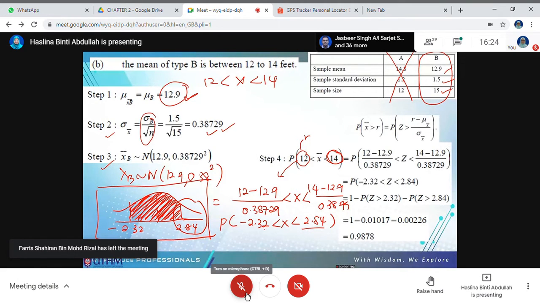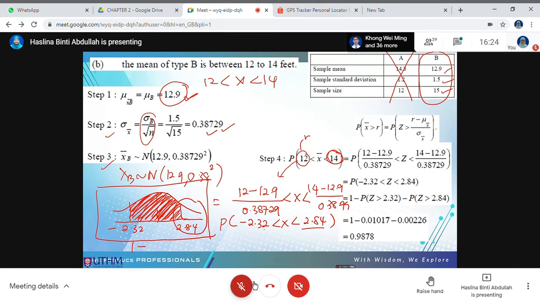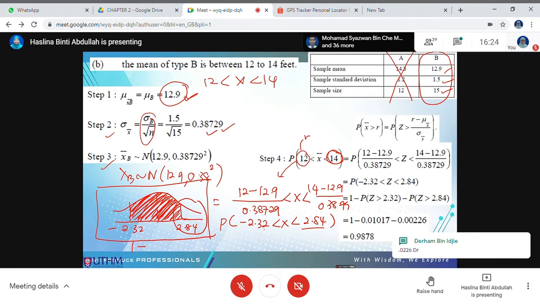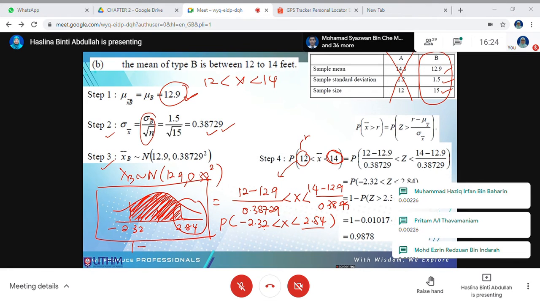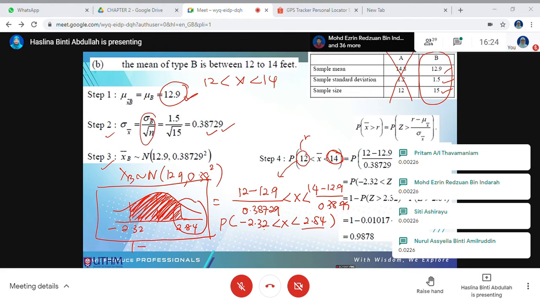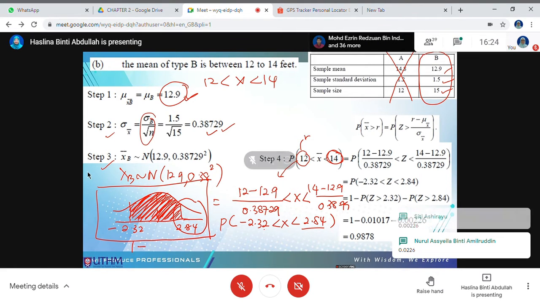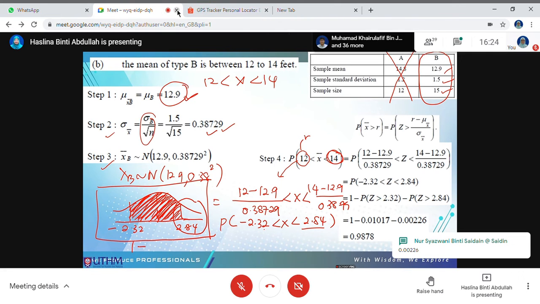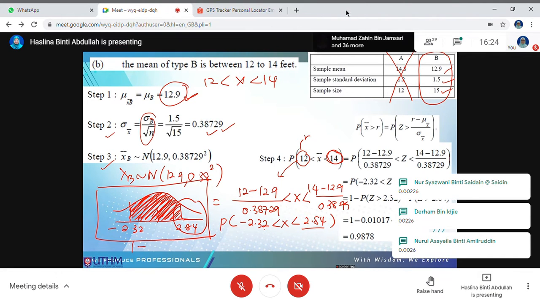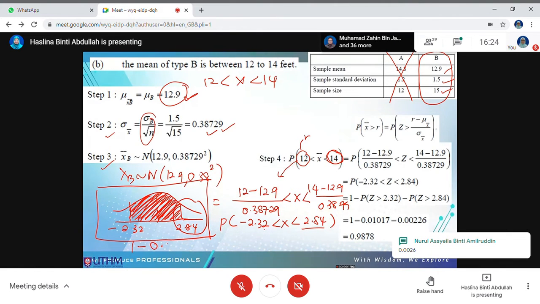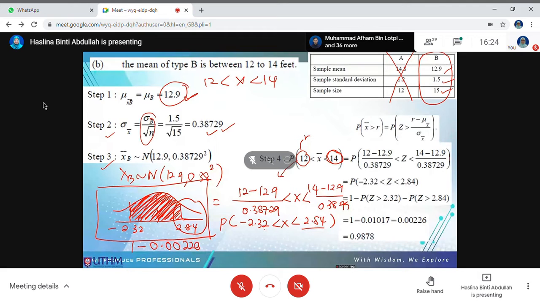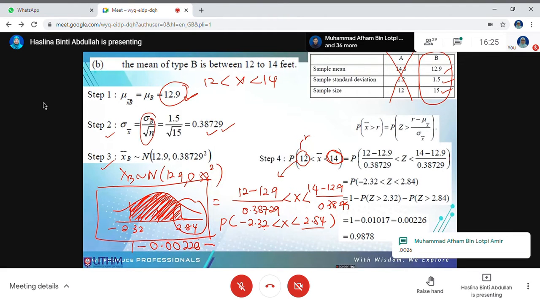Dirham, what is the probability for 2.84? Others can write in the chat if you also refer to 2.84. 0.00226. Okay, so 1 minus 0.00226, and 0.00226 is referred to this area.